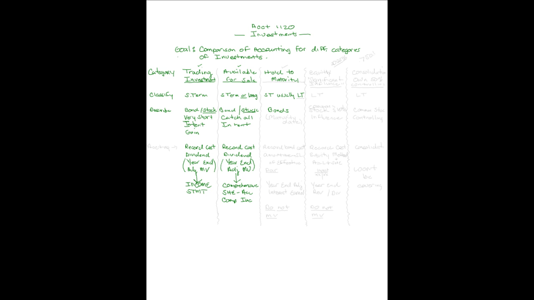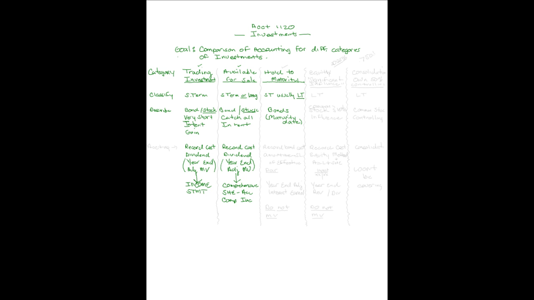So our hold to maturity category is probably going to be a long-term investment, and it's always going to be in bonds, because bonds have a maturity date. Stock does not. We can't do anything off a maturity date on stock. We do everything off management's intent.